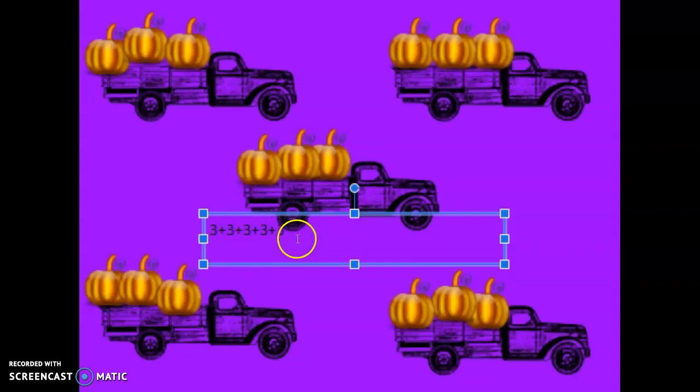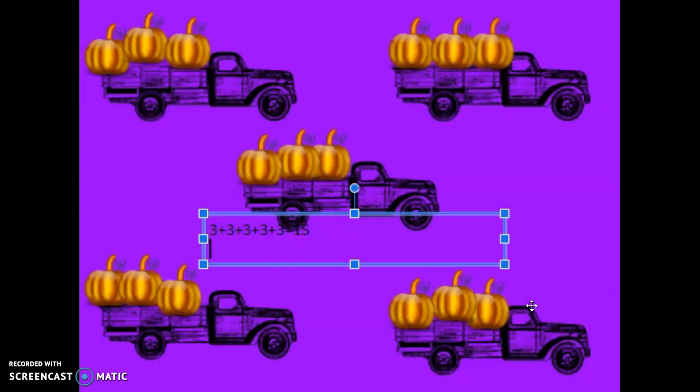And in this particular case, if I am not sure what 3 plus 3 plus 3 plus 3 plus 3 equals, I can just simply come up here and count how many pumpkins are on the truck. So I've got 3, I'm going to skip count, 6, 9, 12, 15. So 3 plus 3 plus 3 plus 3 plus 3 equals 15.